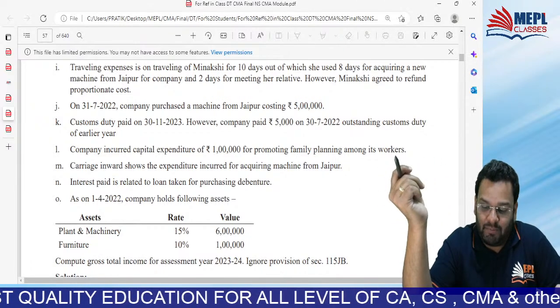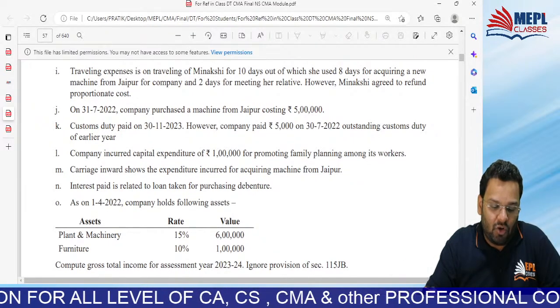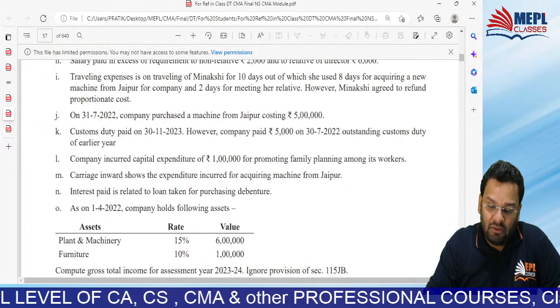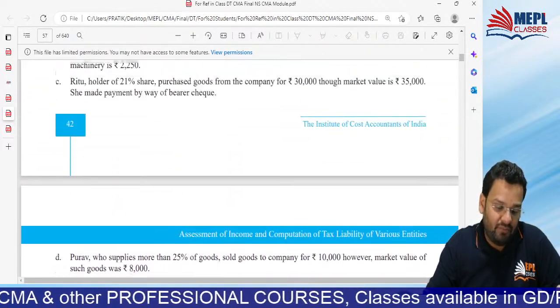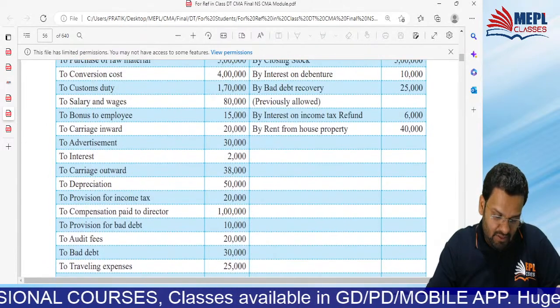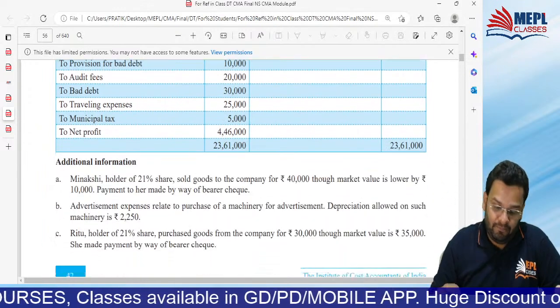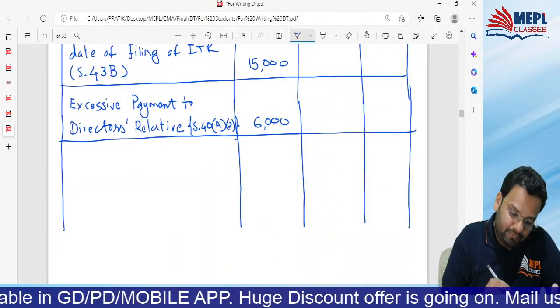This is personal expense. But Meenakshi agreed to refund proportionate cost. So in short, this entire is personal expense. So let's check what are the traveling expense. Traveling expense are 25,000. So full 25,000 you will add.